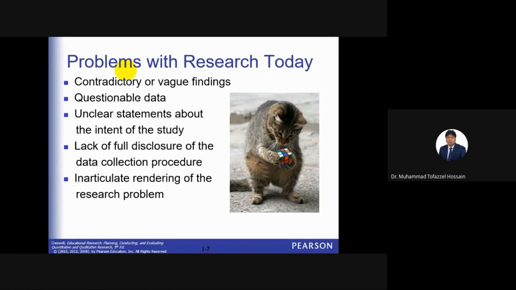And at the same time you have to also project the future. What are the possibilities of this research? What are the probable changes? What are the probable impacts? So as a researcher you have to project this. If you are unable to see this, then it will be really difficult.